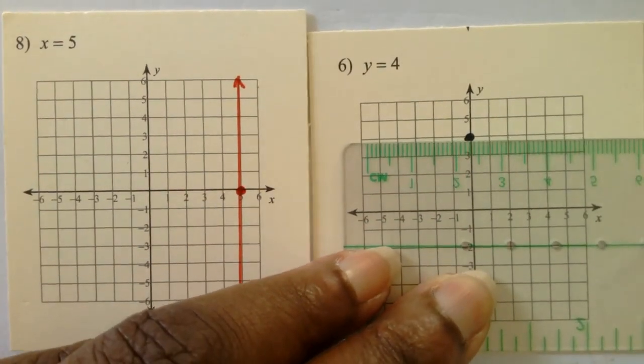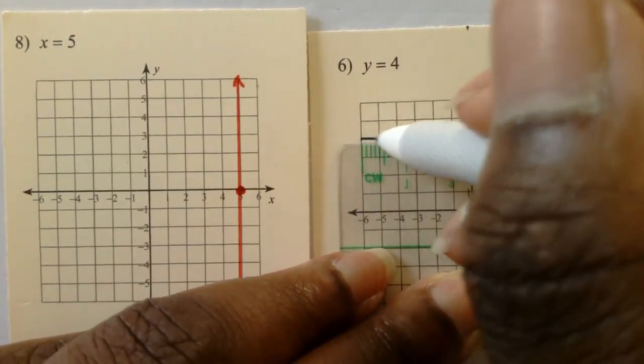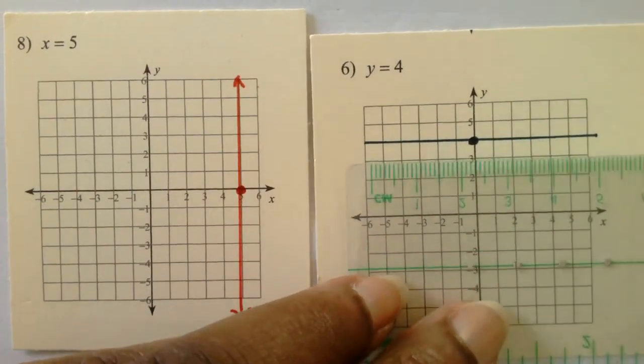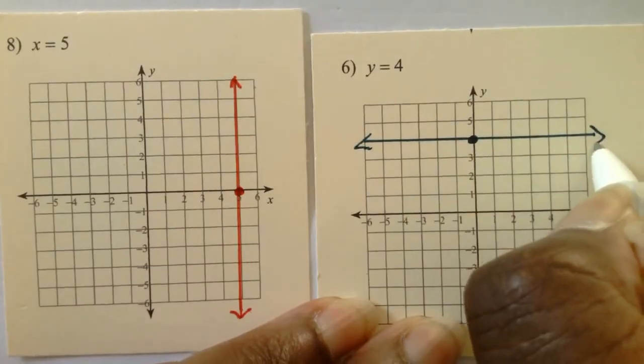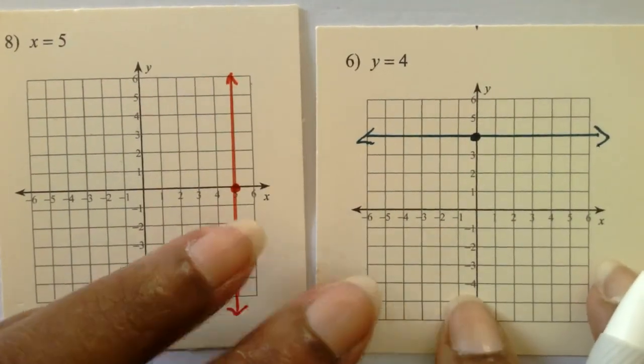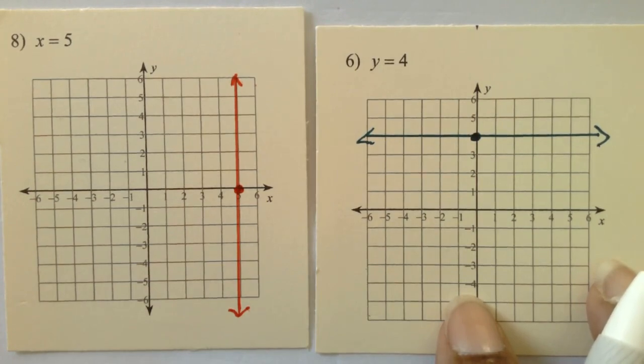Now the horizontal line, it's perfectly fine to have a horizontal line. That's called a zero slope. Horizontal line is a zero slope. Vertical line is an undefined slope. The top 4. There you go.